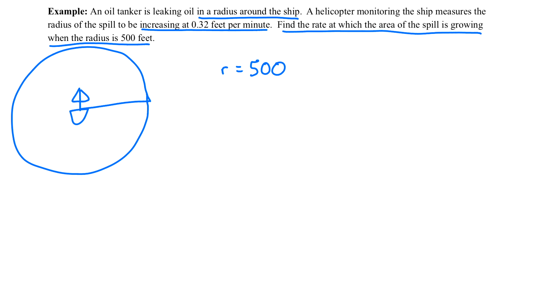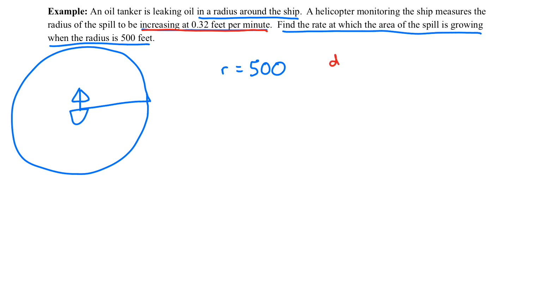I know that the rate of change of r, it says the radius of the spill is increasing at 0.32 feet per minute. Anytime you see those words increasing or decreasing, that should be a really big clue that we're going to be talking about derivatives here.